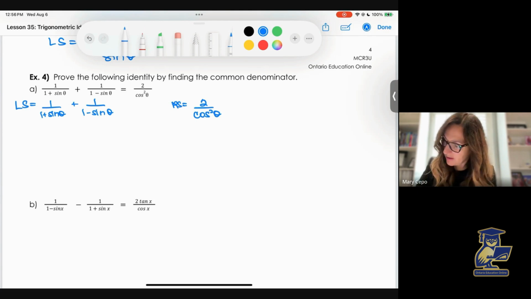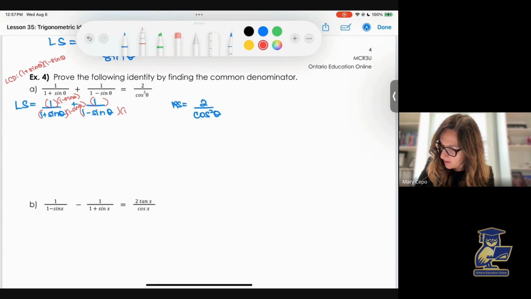So when we look at the left side, we're going to say the lowest common denominator. We're just going to multiply them together. So 1 plus sine theta, 1 minus sine theta. So of course, protect the numerators. This becomes 1 minus sine theta. What I do to the denominator, I must do to the numerator.